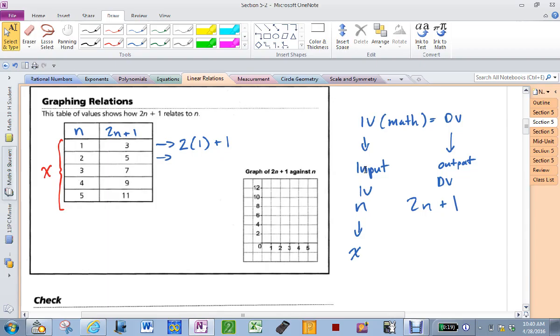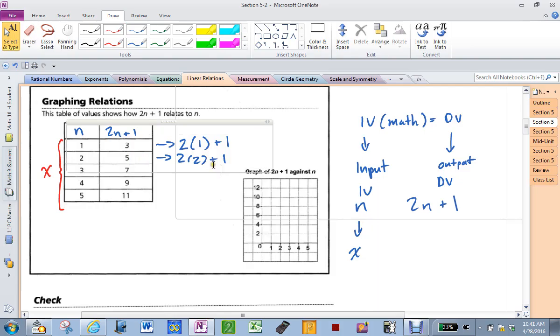Now please understand, one of those is the output. One of them is what we call the relation, which gets us the output. Which is the output? Is it the 5 or is it the 2 times 2 plus 1? It's the 5.